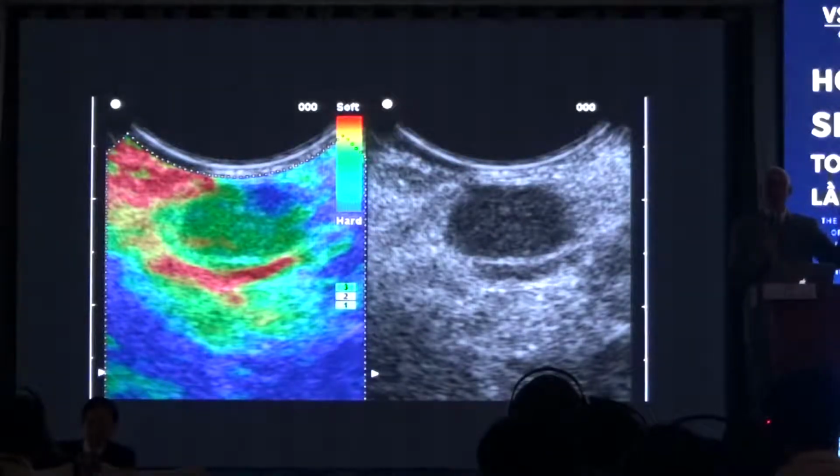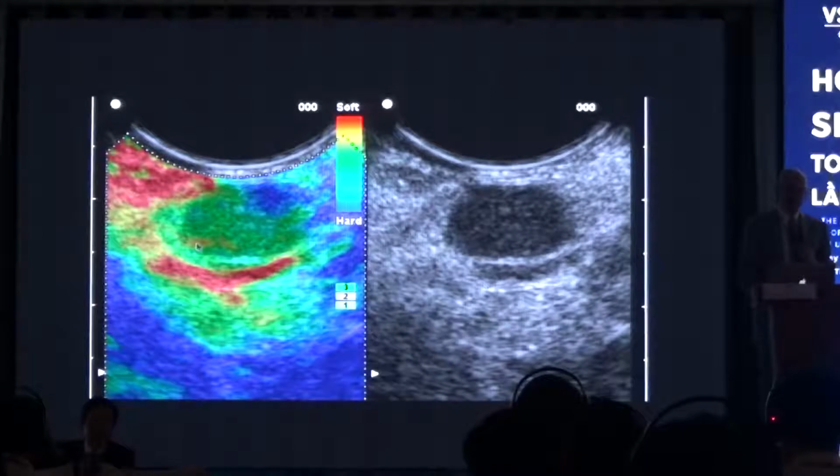One other take-home message: the early metastasis of a highly differentiated adenocarcinoma is not diffuse blue, it is circumscribed. Here you can see a 10 millimeter lymph node, and you can see that this edge, only this edge, has an early malignant infiltration.